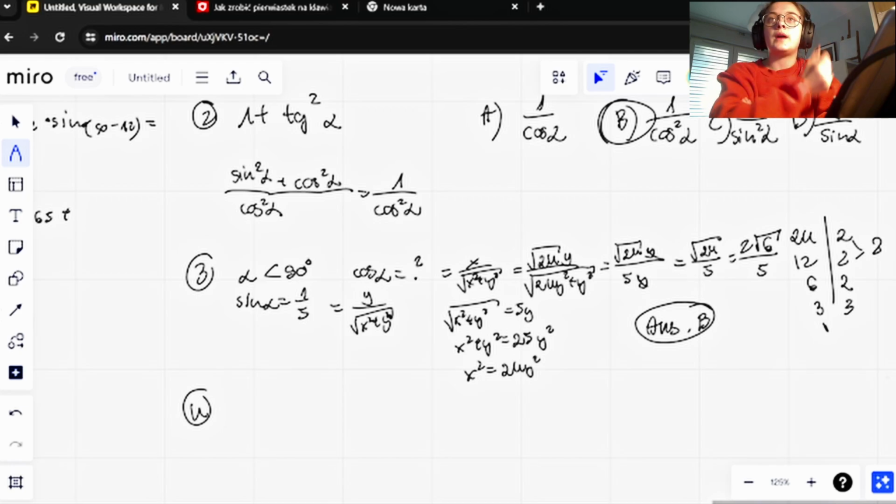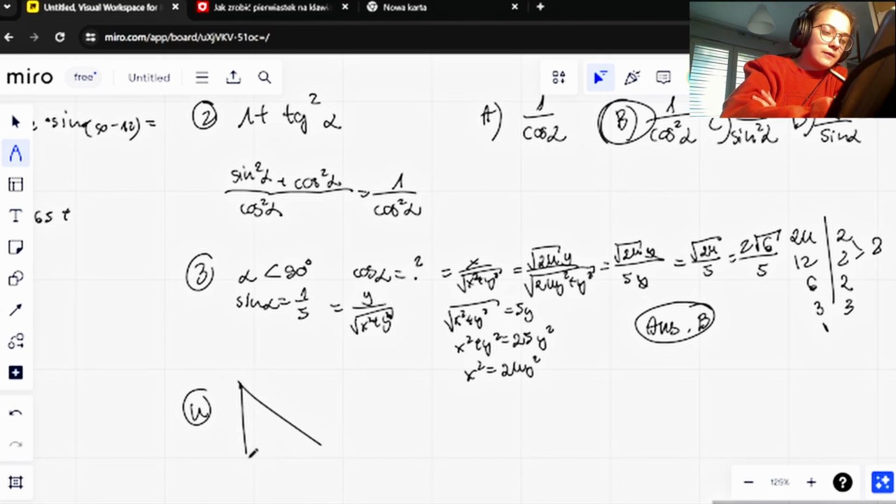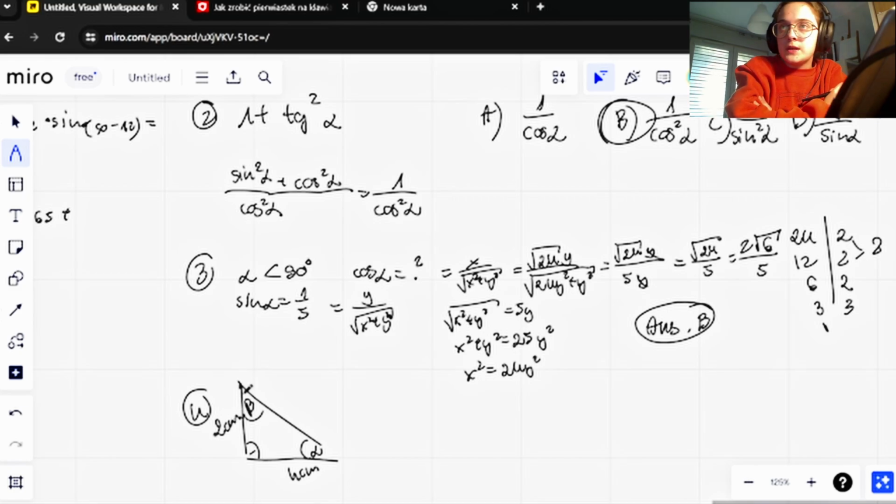And we need to find the false. Okay, we have something like that. Here we have 4 centimeters. Here has 2 centimeters. And we need to find the false.